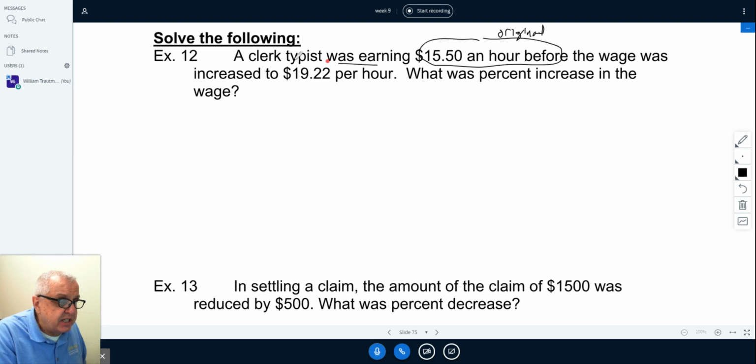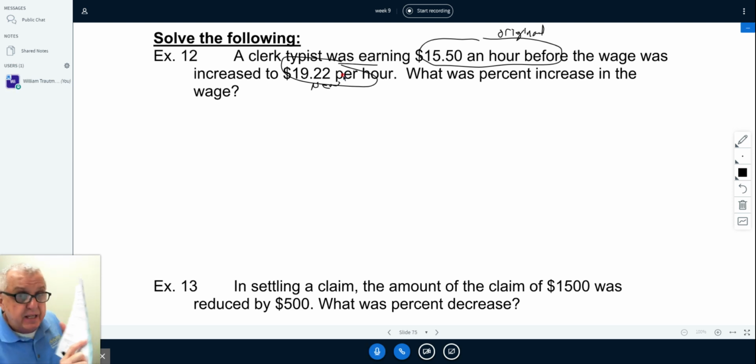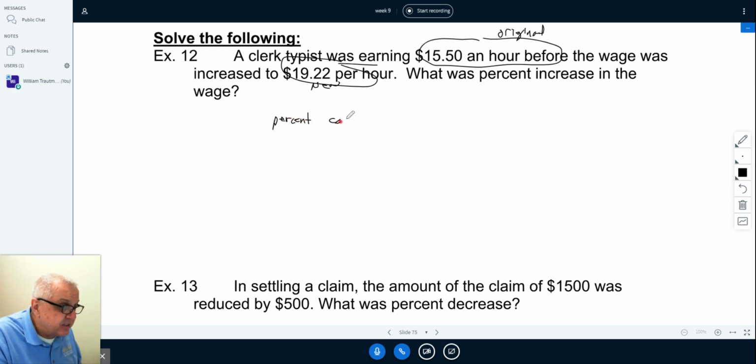Then she got an increase to this amount. This is the new one. What is the percent increase? So on my formula sheet, there is a formula that says percent change. Once again, if you go down to the right-hand side, it says percent change.